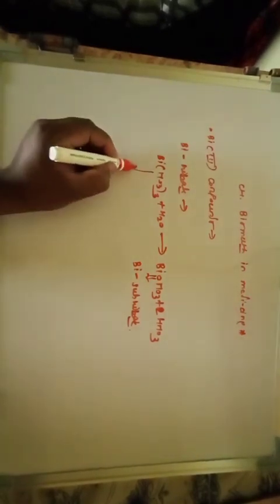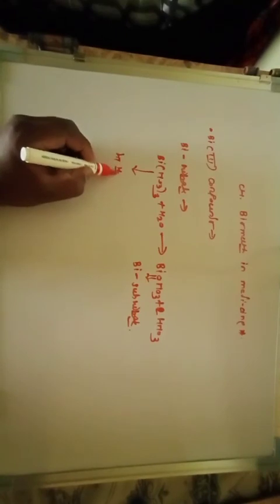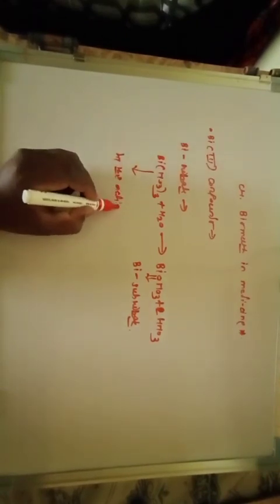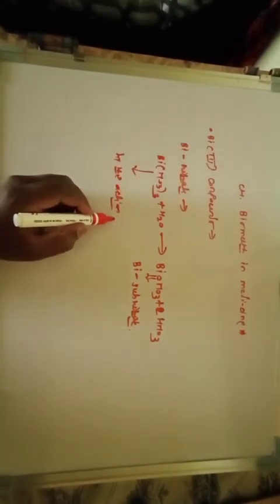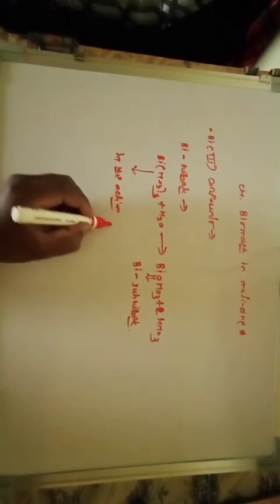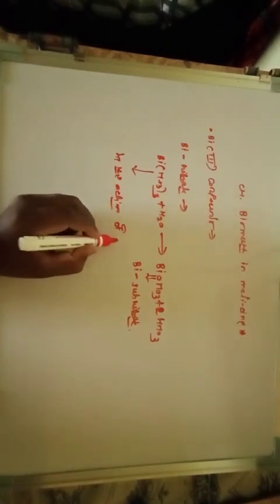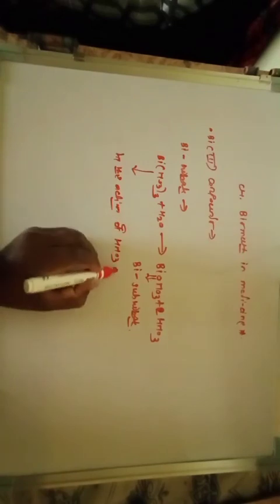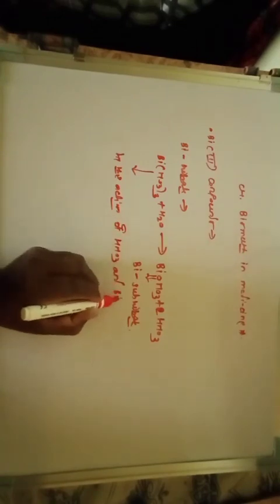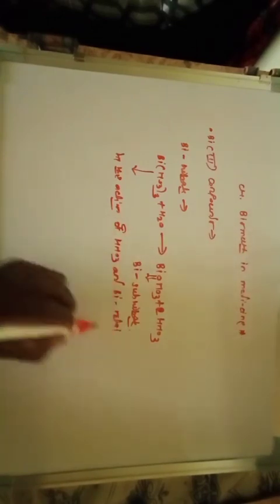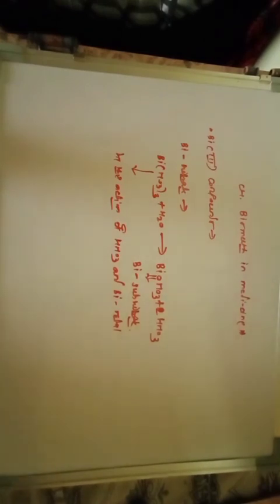This bismuth nitrate can be prepared by the action of nitric acid on bismuth metal. So these are some important properties of bismuth nitrate.